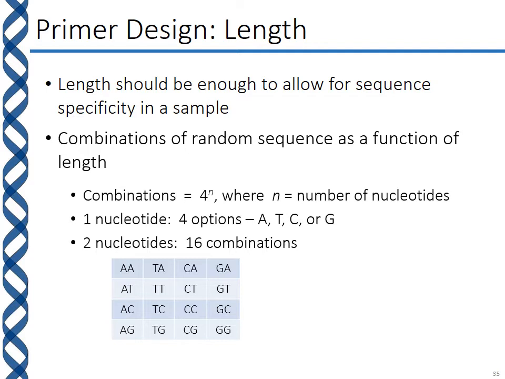And so this is simply 4 to the second power, or 4 times 4, which is 16. If we increase that length to 3 nucleotides, now we're looking at a combination number of 64. You can have AAA, AAT, AAC, and so on until you complete all of the 3 nucleotide combinations. You'll find that there are 64 of those.